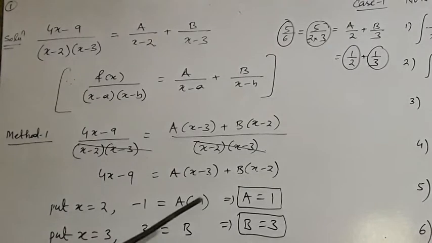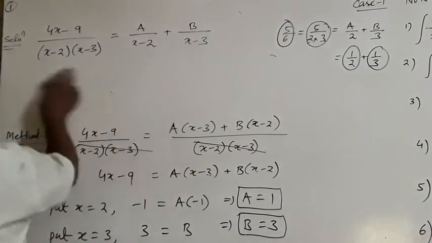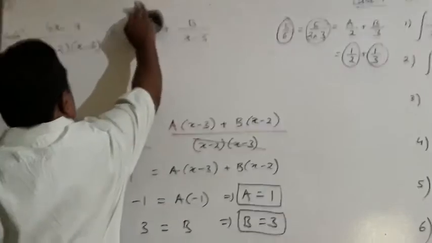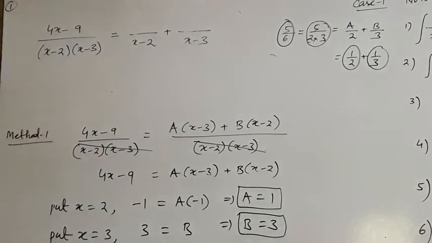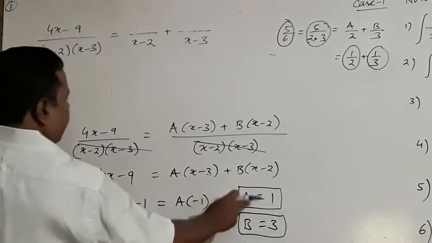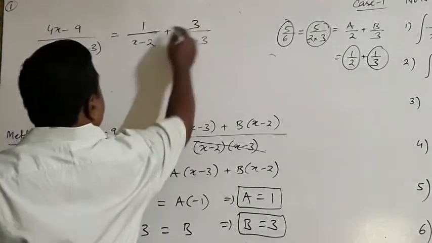Now after finding a and b, I will go to integrate it. Then what is the next step? 4x minus 9 by x minus 2 into x minus 3, a means 1 by x minus 2, b means 3 by x minus 3.